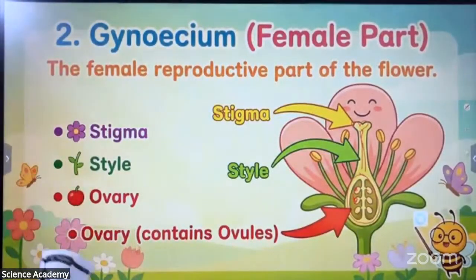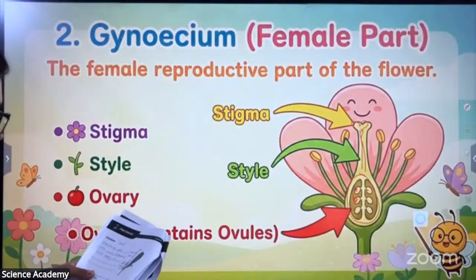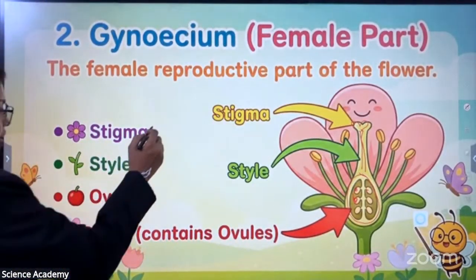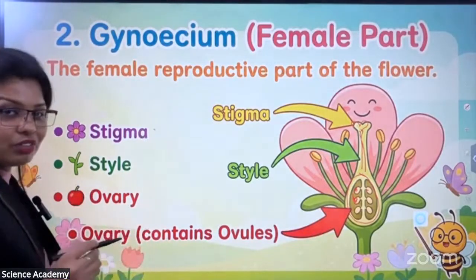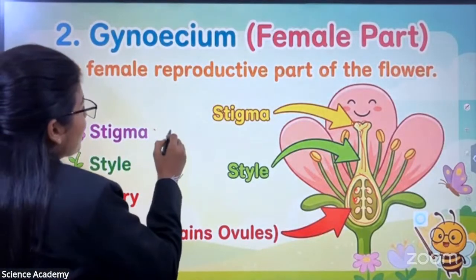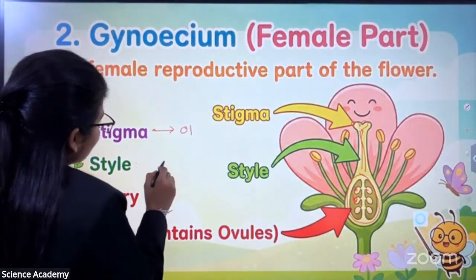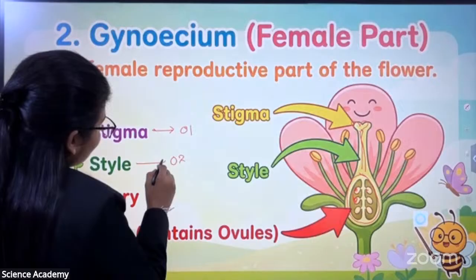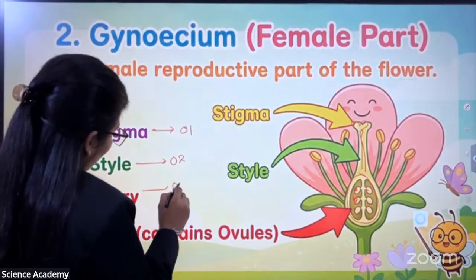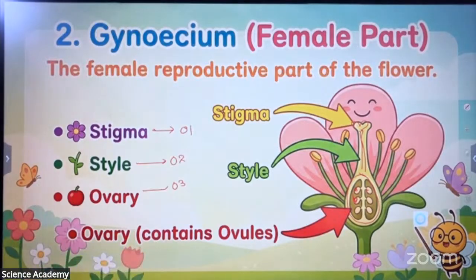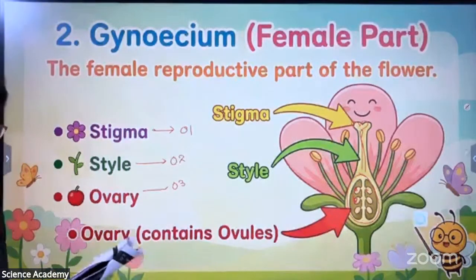Now you can write down the parts of this gynecium. First one stigma, second one style, third one ovary. Here I have mentioned the ovary contains ovules.